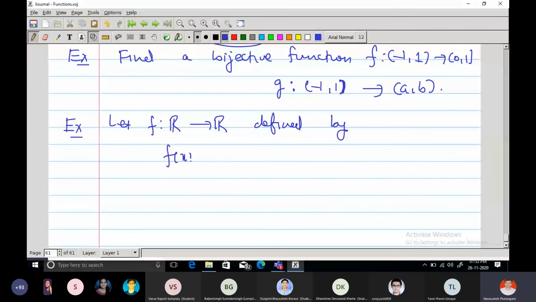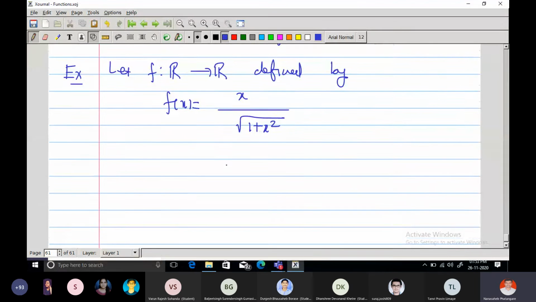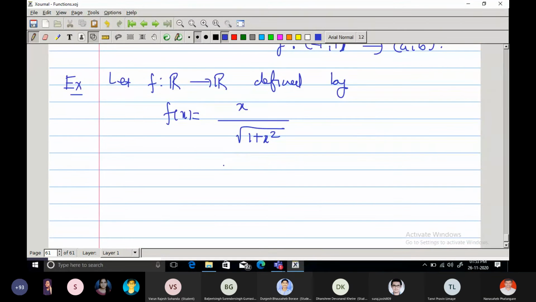So is it a function, or is it a well-defined function? Is it a function? Can you find the value at every real number? Yes.